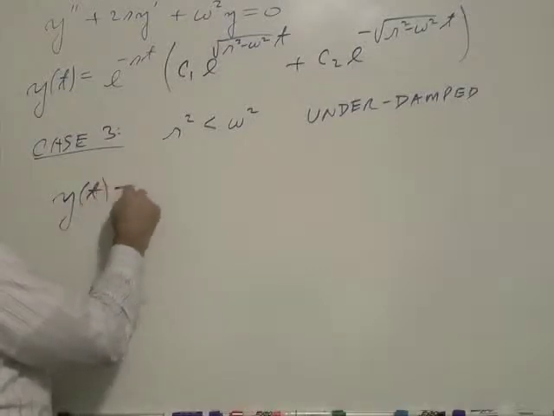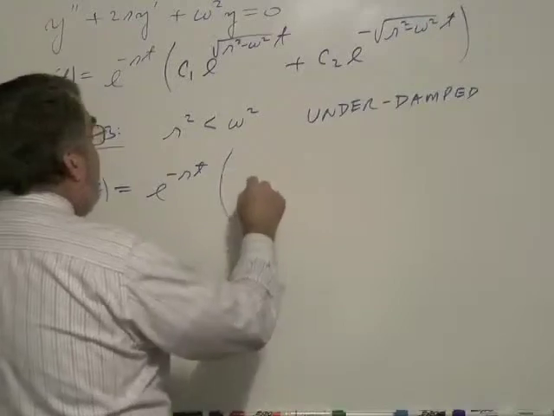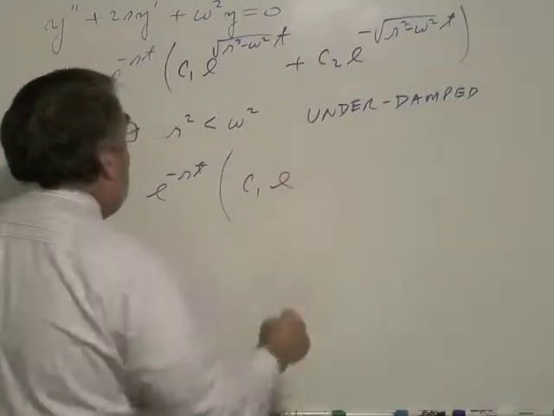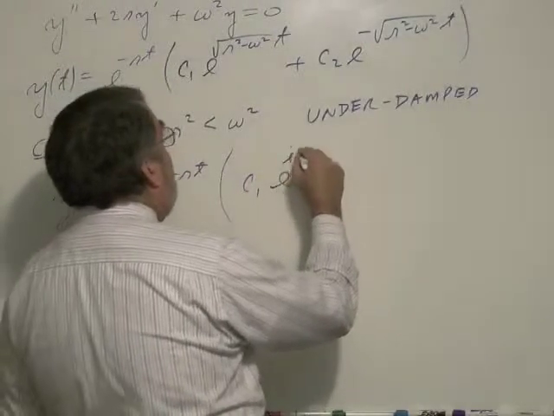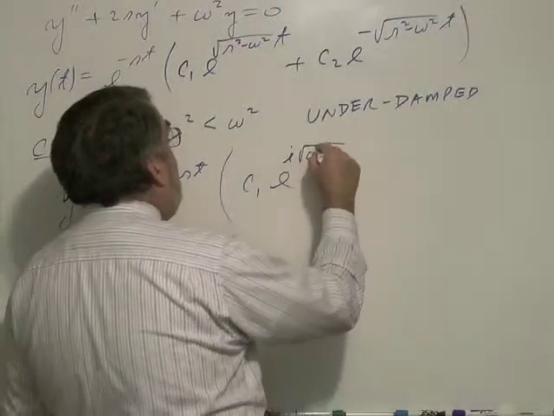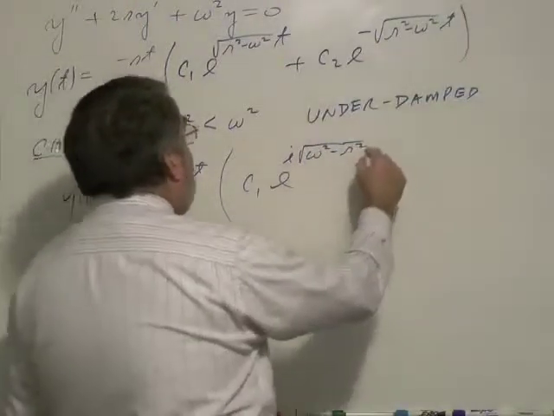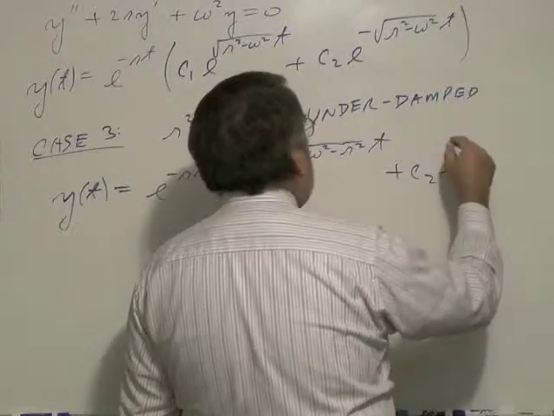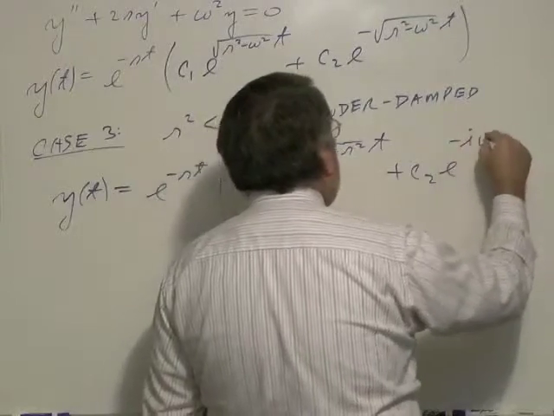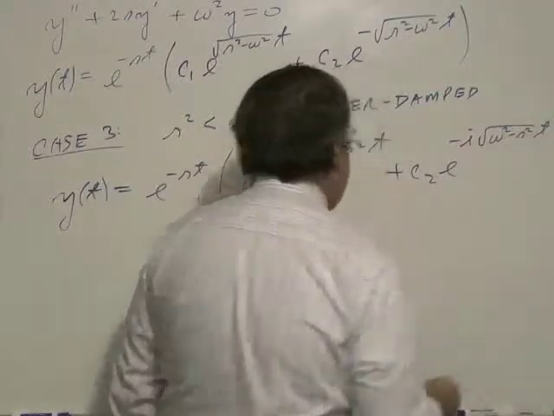y at t is equal to e to the minus rt, parentheses, c1 e to the i times the square root of omega squared minus r squared. Notice I reverse these, times t, plus c2 e to the minus i square root omega squared minus r squared times t.